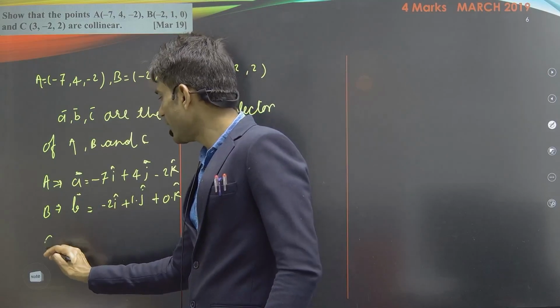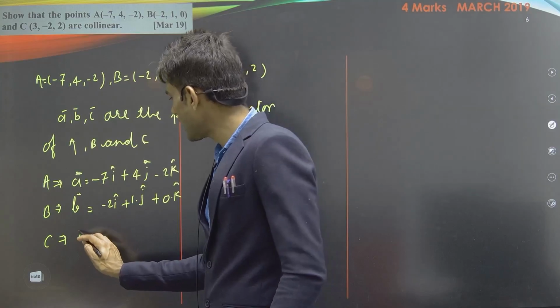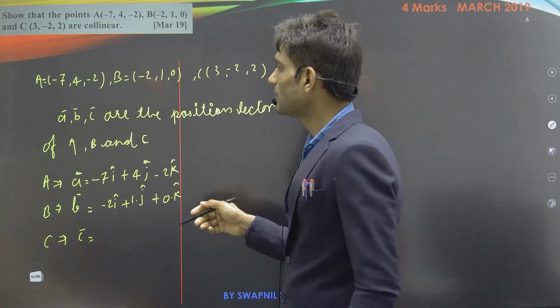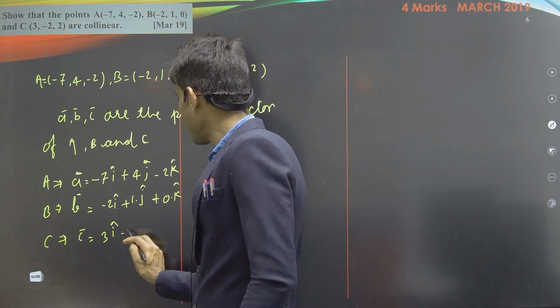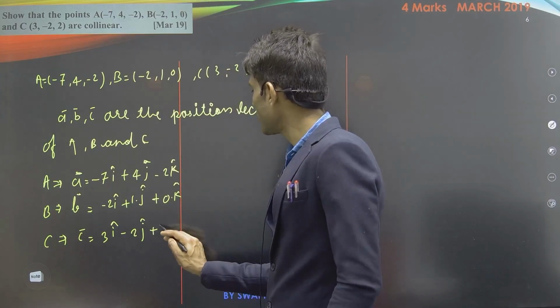Now using vertex C, we can write the position vector c bar as 3 times i cap minus 2 times j cap plus 2 times k cap.